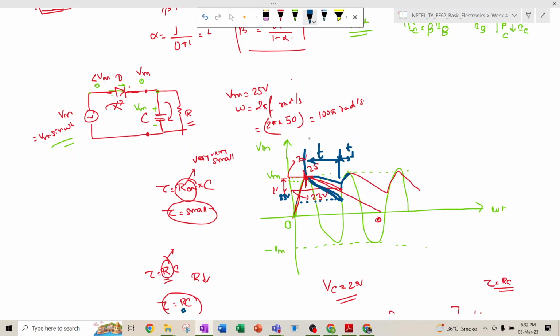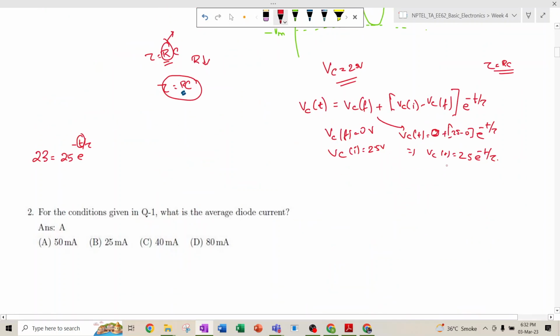So this and this is the total time period of the signal. The input signal time period is capital T. So this capital T is nothing but t plus t1, and this t1 is very small, so we can ignore it and say t is almost equal to capital T, that is the time period of the input signal.